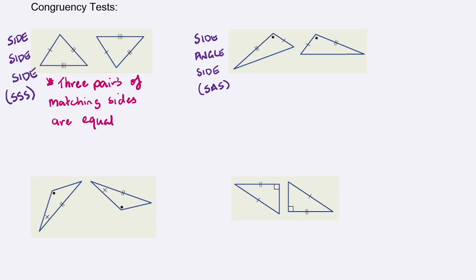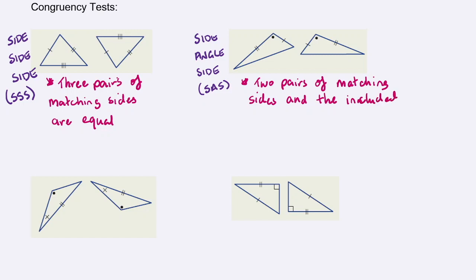So what we're looking for here, all right, are two pairs of matching sides and the included angle to be equal.